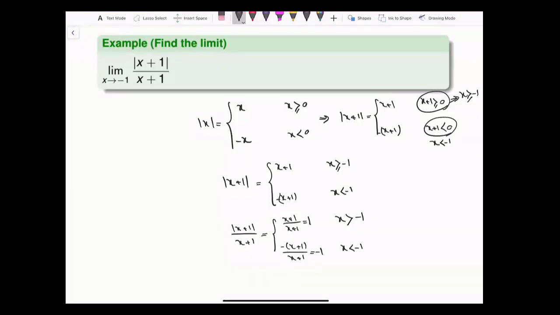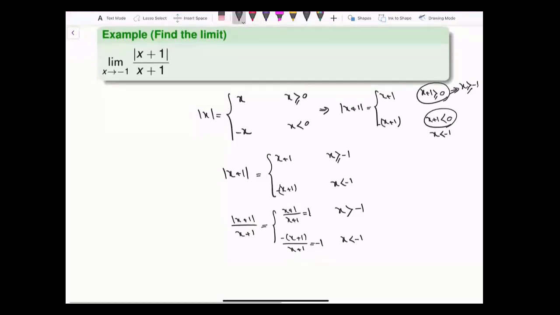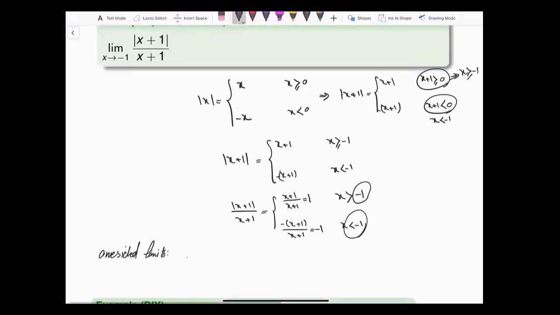So we have a function which is piecewise defined, and negative 1 is the separating point. So if you're trying to find the limit, go by one-sided limits. So limit of absolute value of x plus 1 over x plus 1 as x approaches negative 1 from the left.